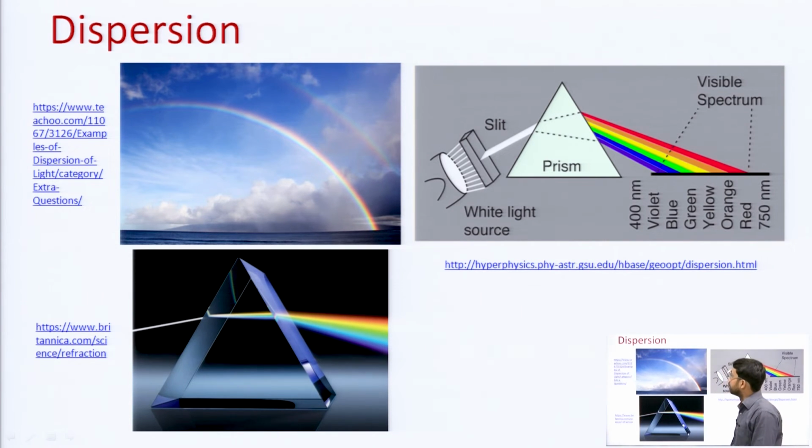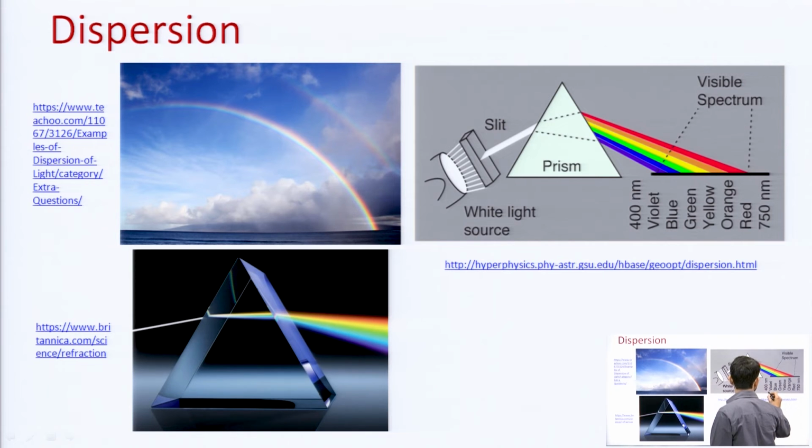Now, next is dispersion. What is dispersion? When we pass a white light ray through a prism, it is divided into 7 colors. Okay. So, like here, this is a prism and white light is coming through a slit, it will be divided into 7 colors.